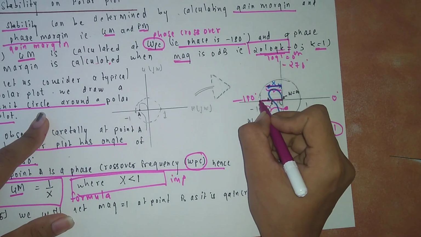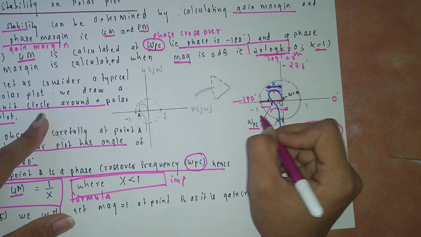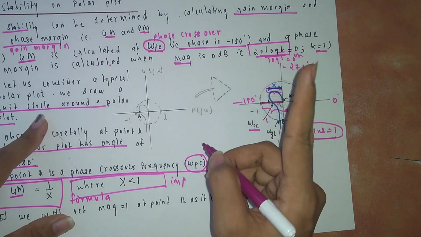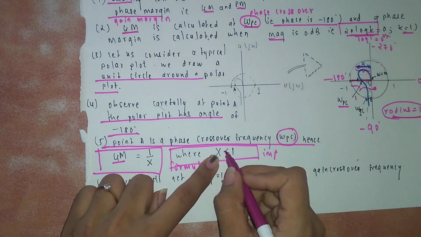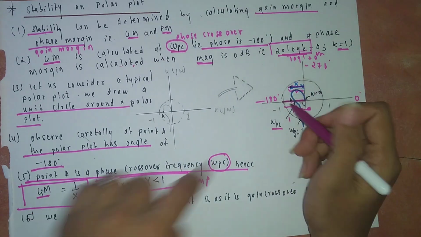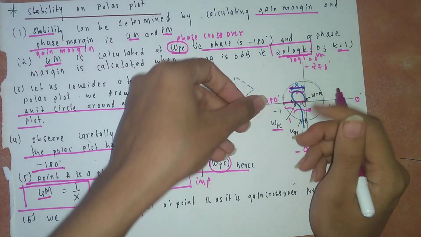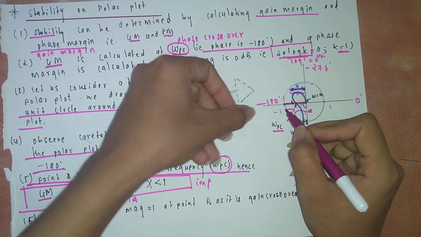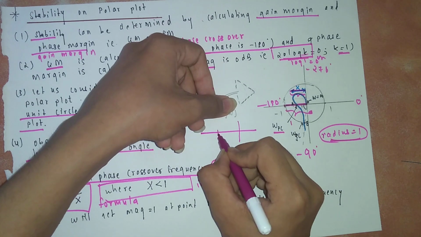This is your 1. The point here is -1, guys. Do not get confused. Radius is always 1. Radius is always positive. So they are telling that whenever you plot a polar plot, your polar plot should be inside this -1. Okay, do not get confused with this -1 sign. -1 is a scale, right?